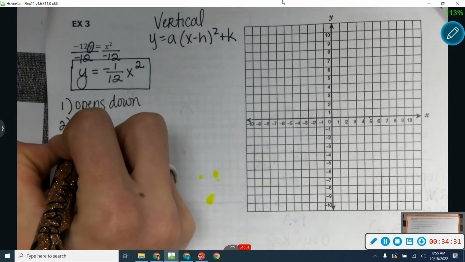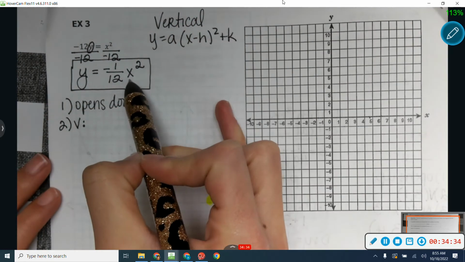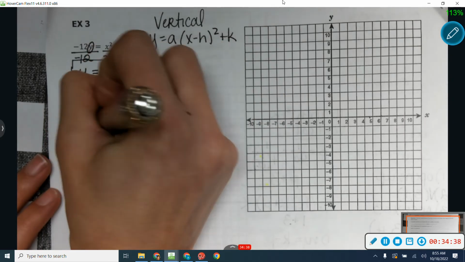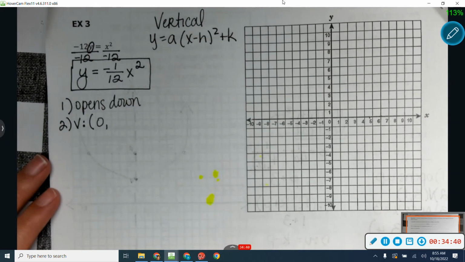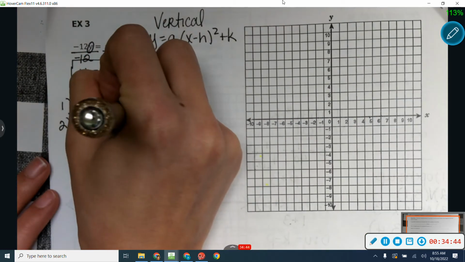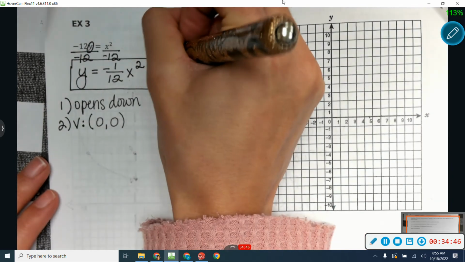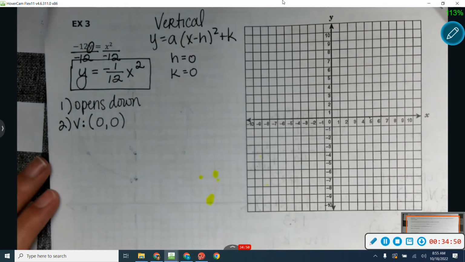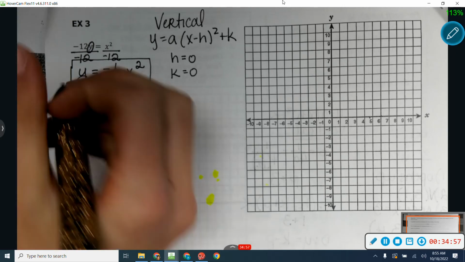So for my vertex, do I have anything in parentheses with my x being squared? No, so that means my x value of the vertex is 0. Do I have anything added or subtracted? No, so the y value of my vertex is 0. If you need to, write h equals 0 and k equals 0 over to the side, so when you're doing your focus and directrix and all that, it's easier for you. Alright?